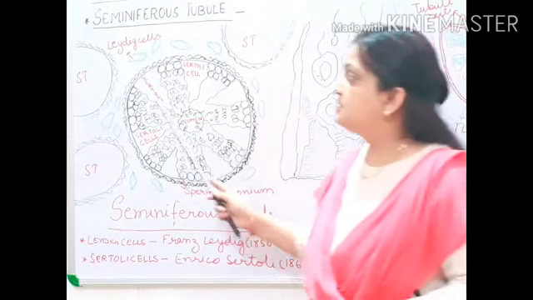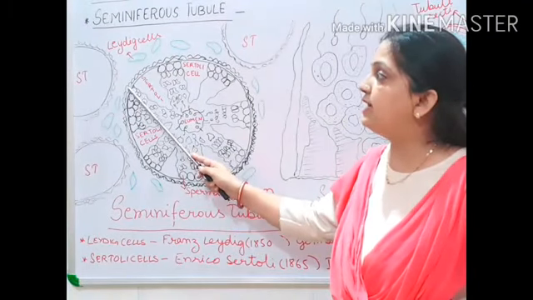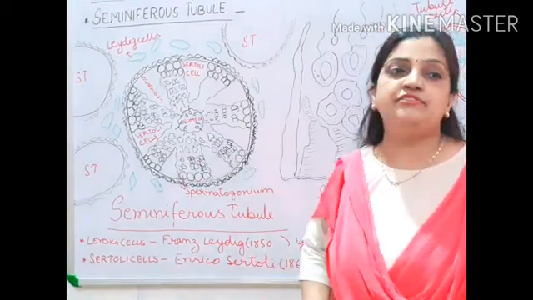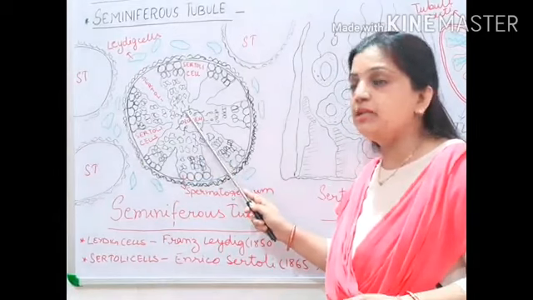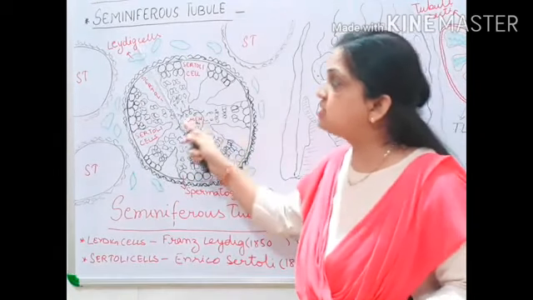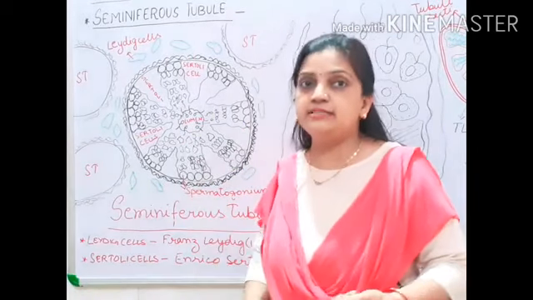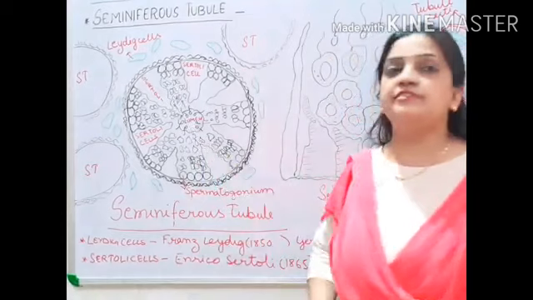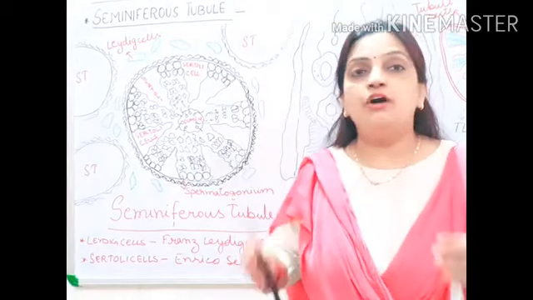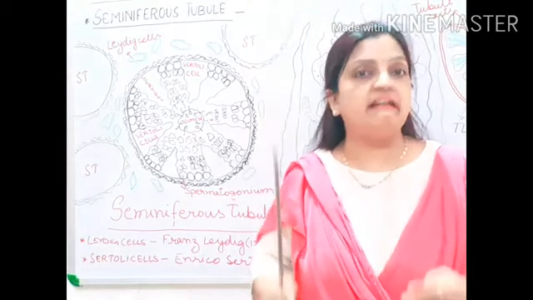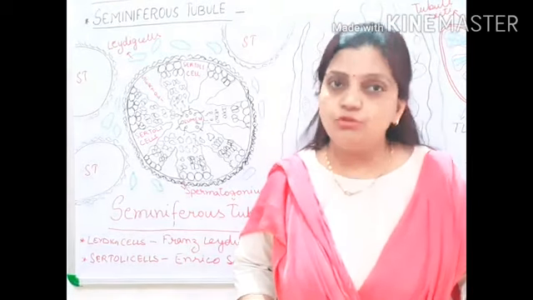But second is Sertoli cells. You can see that this is a cell which is located inside the seminiferous tubule. Sertoli cells are located inside the seminiferous tubule and Leydig cells are located outside the seminiferous tubule. Sertoli cells located inside the seminiferous tubules are responsible for nutrition, for providing nourishment to the developing sperms, to the developing spermatozoa.